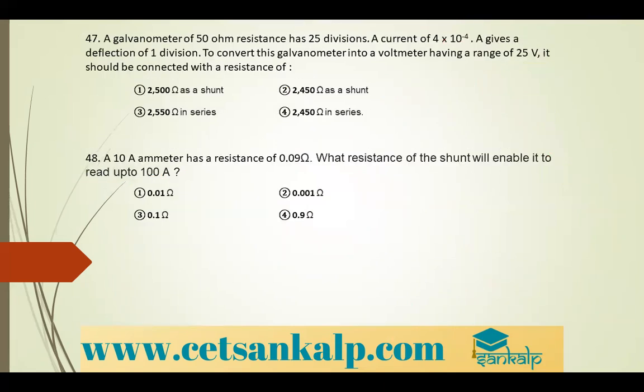Next, a galvanometer of 50 ohm resistance has 25 divisions. A current of 4 into 10 to the power minus 4 gives a deflection of 1 division. To convert the galvanometer into a voltmeter having a range of 25 volt, it should be connected with a resistance of, they ask.